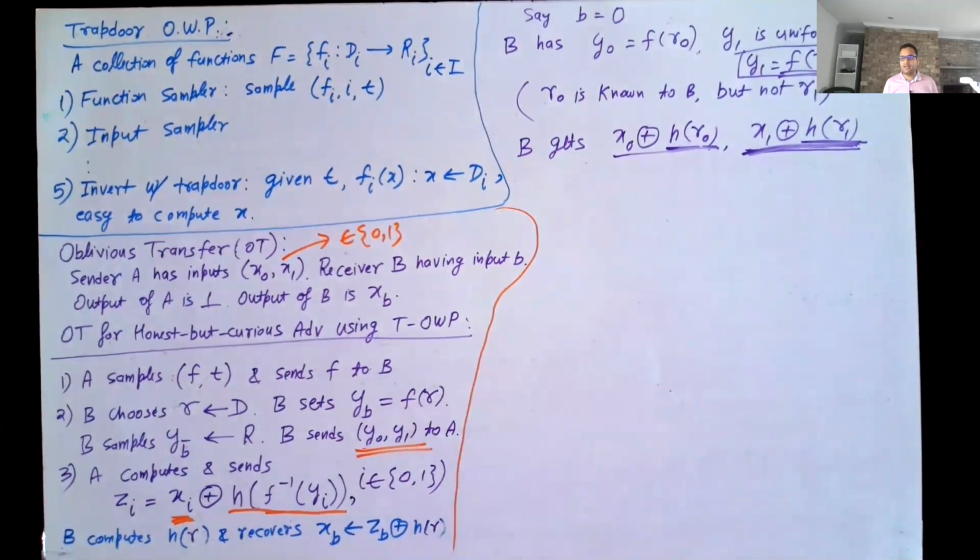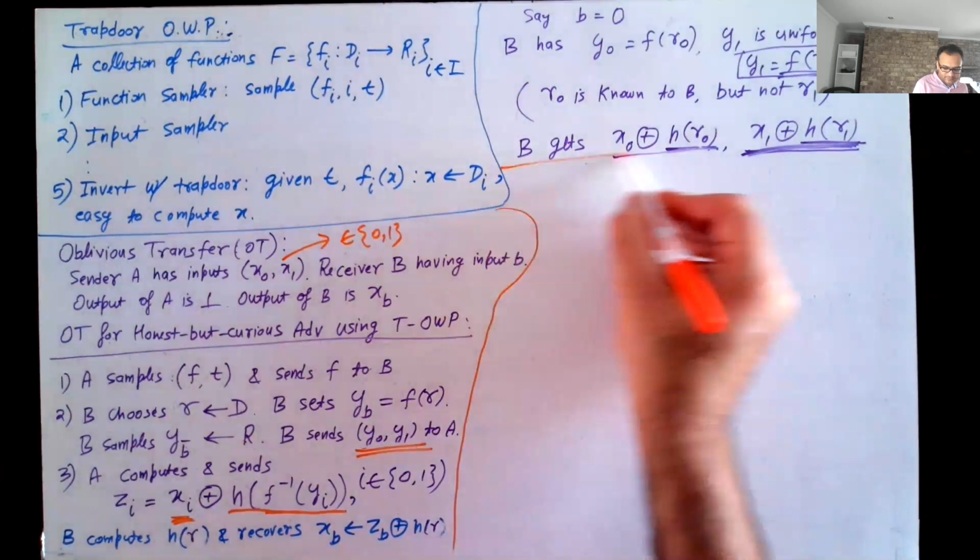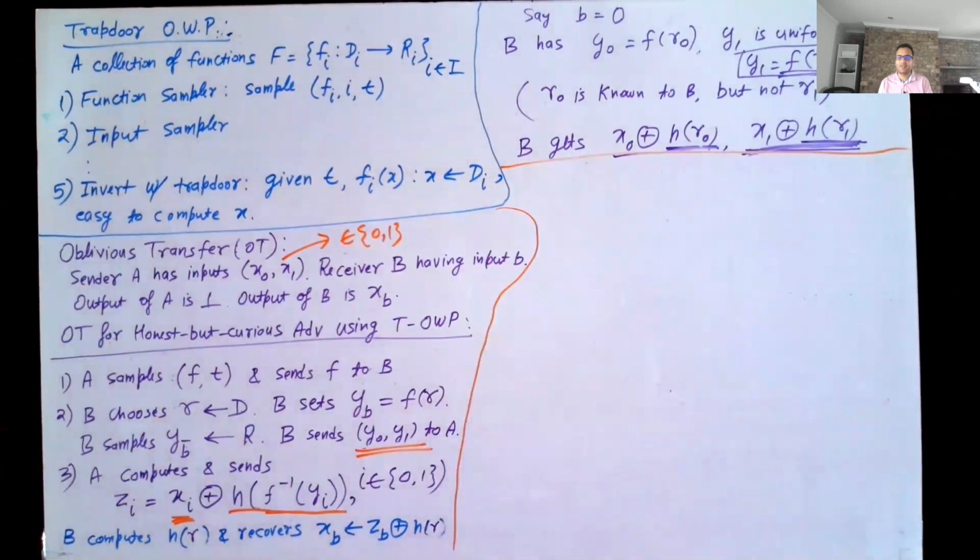Anyway, we haven't even looked at the security proof yet. Any questions? So what happens if B is fully malicious?